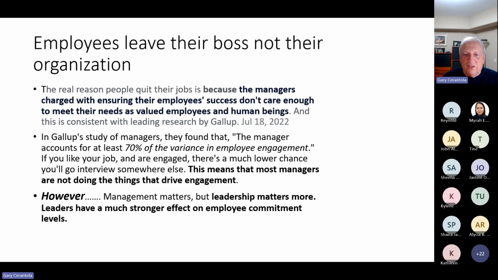And you can see though, Gallup, which is a premier consulting, what's the word, survey organization, it's globally recognized. And it says, Gallup study says, managers account for at least 70% of the variance in employee engagement. So if you're not doing your job as a manager, you're not engaging those employees, so you're not getting people to be the best that they can be, and aligned to be able to get done what they need to get done, to make the organization successful.